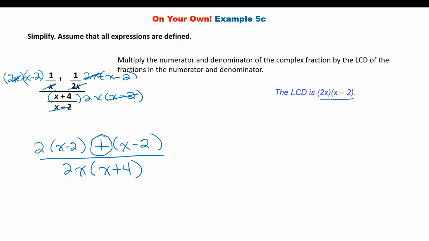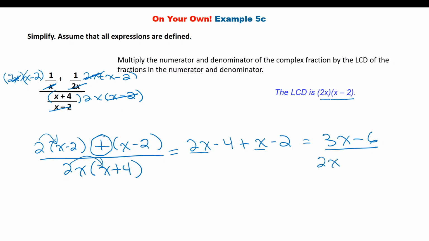So let's go ahead and get everything simplified and gather up our like terms and see if there's anything we can do in the end. So if I distribute this, I get 2x minus 4 plus x minus 2. So 2x plus 1x equals 3x minus 6 over, and I'll just leave this one the way it is, 2x times x plus 4.